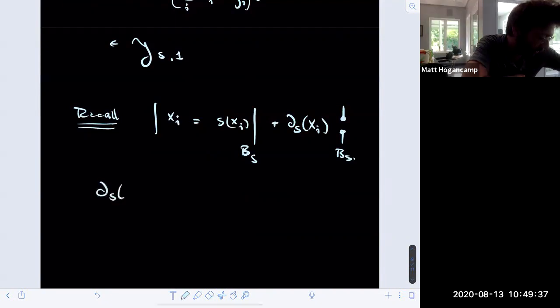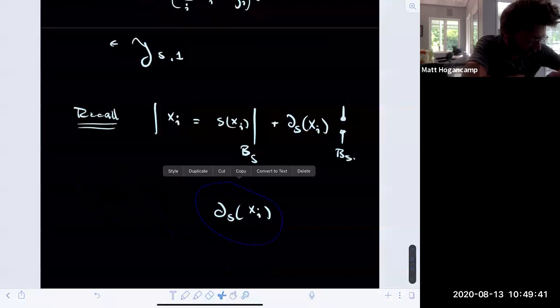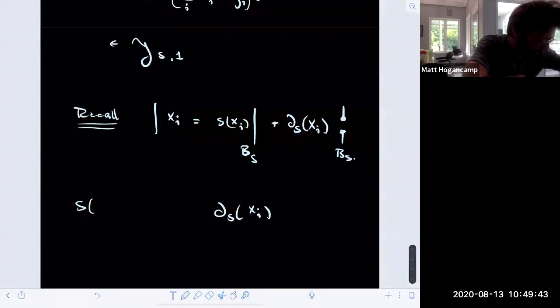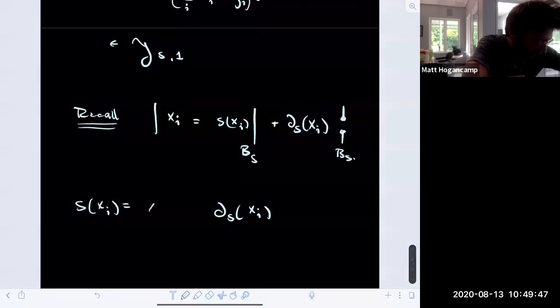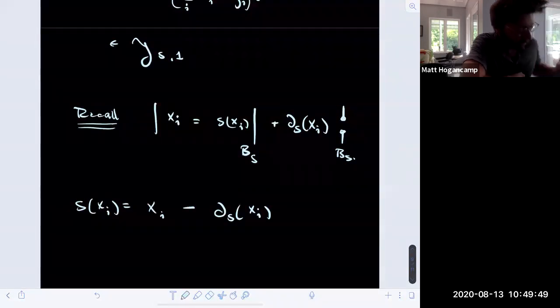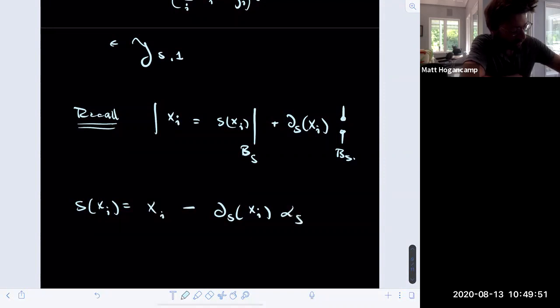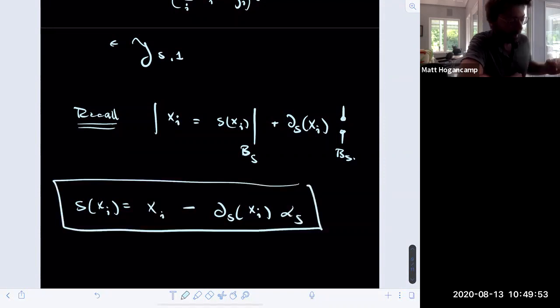So by definition, this partial S of xi is defined by this equation. So it's the de Maistre operator applied to xi.